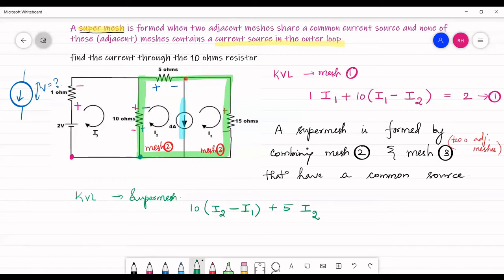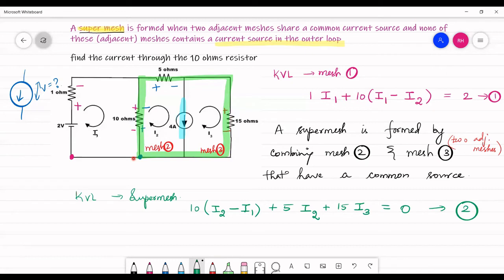So after you come here, you are not going to take a turn here. You're going to go straight, and then write the voltage drop that you find here, from plus to minus: 15 I3. Then you come back to the starting point. You have not seen any voltage from minus to plus, so put it as 0.